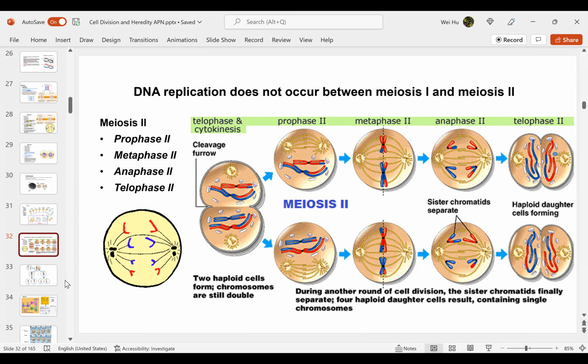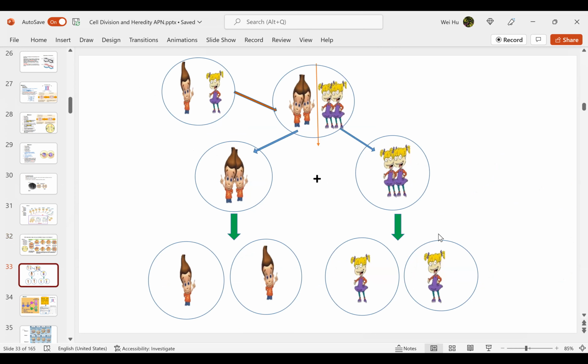Okay, so now, see this picture, in meiosis 1 you separate the fathers and the mothers, but in meiosis 2, you separate chromatids. But unfortunately, these two chromatids are not identical, okay?